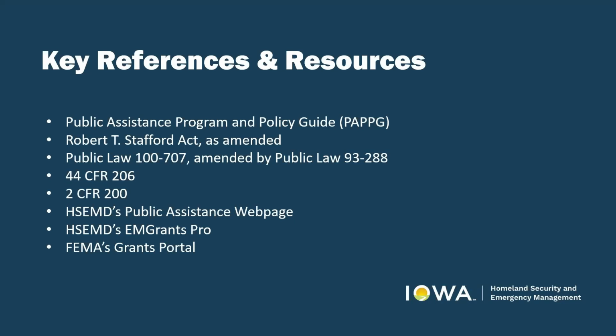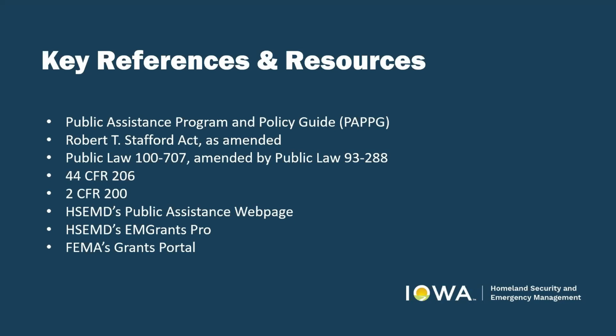The PA program is authorized and governed by the Stafford Act, and PA-specific regulations are found at 44 CFR 206. Uniform administrative requirements, cost principles, and audit requirements for federal awards can be found in 2 CFR 200. We have a dedicated page on our website for the PA program where you can find additional resources and information for Iowa disaster declarations.